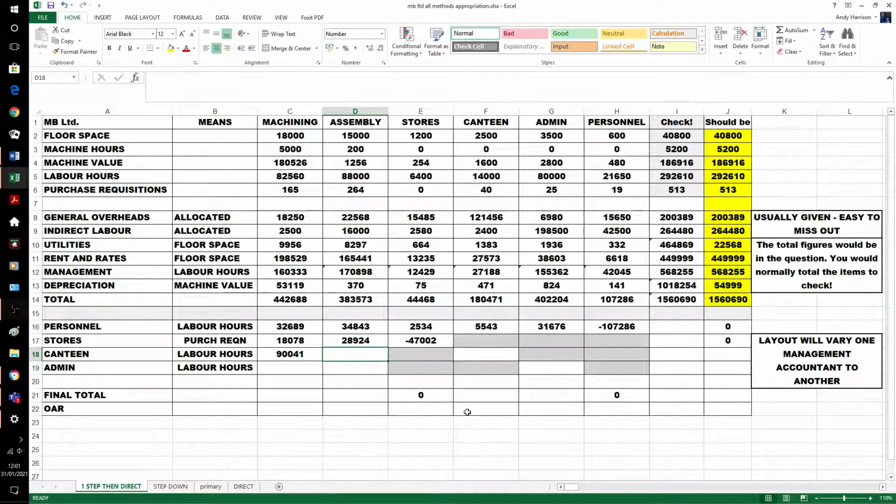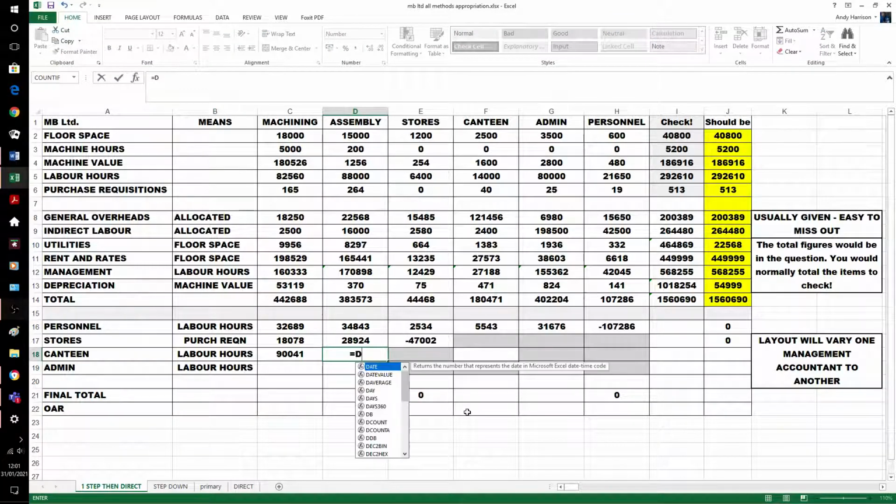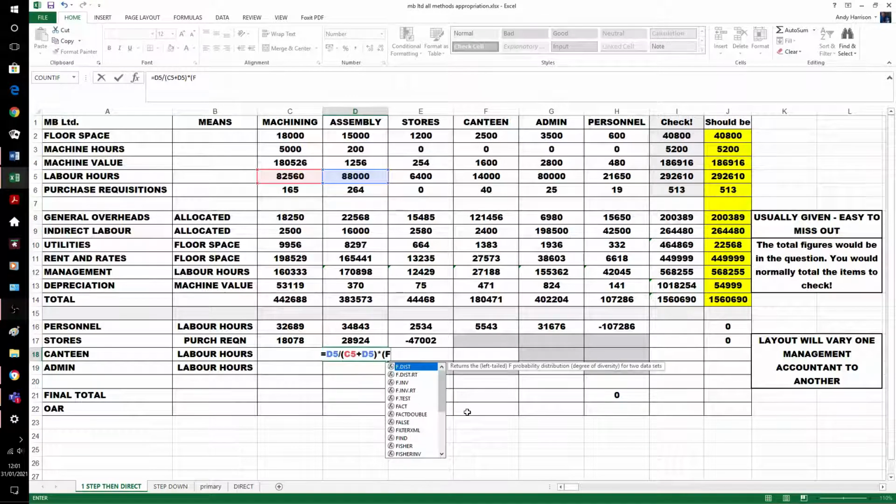And then labour hours for the assembly department divided by, still canteen, F18 14.